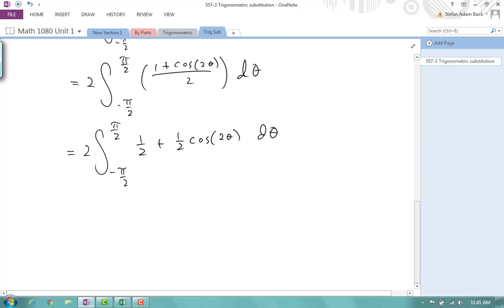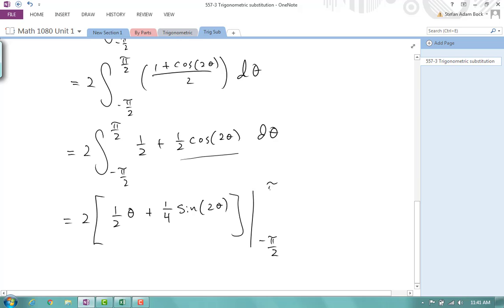So when I find this antiderivative, if you allow me to skip the u substitution for the second half of the integral, I'll have 2 times 1/2, not x, theta, plus 1 over 4 times the sine of 2 theta. And this is evaluated from negative pi over 2 up to positive pi over 2.